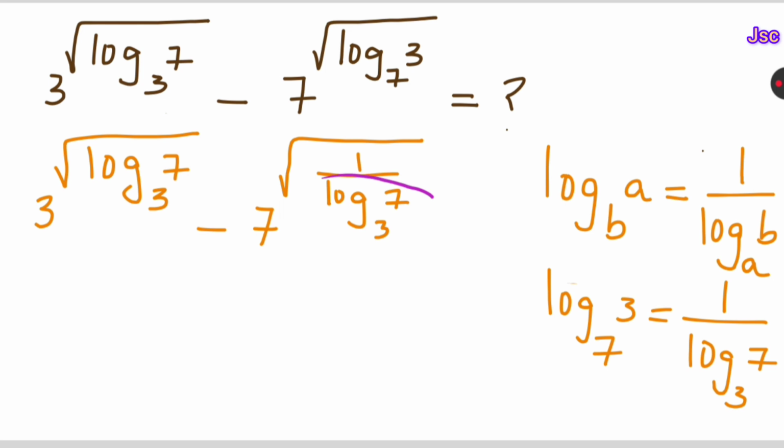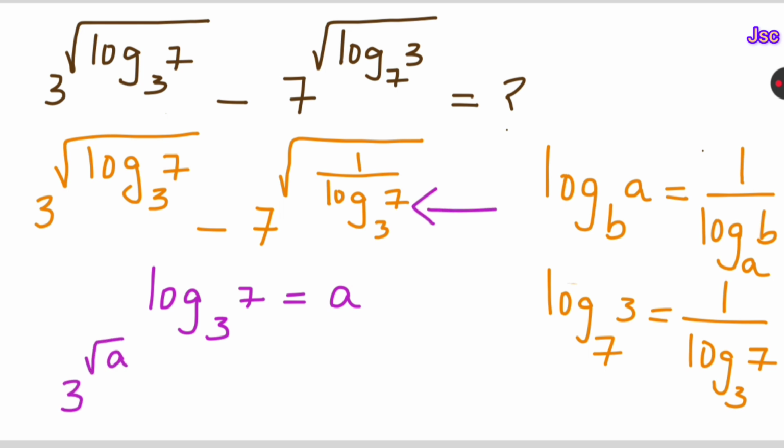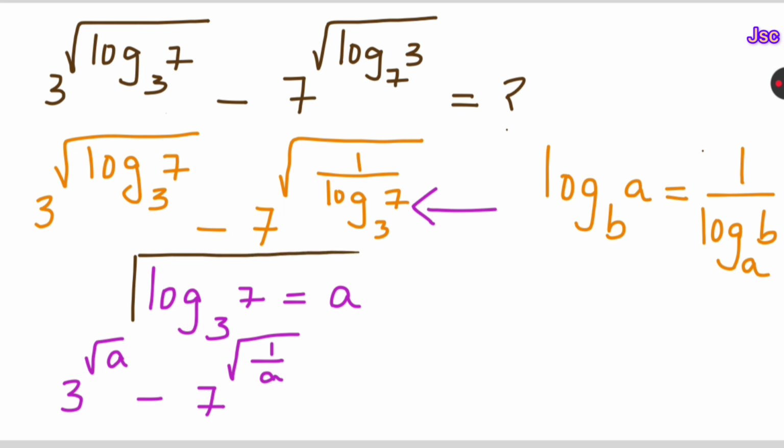Now here we have log 7 with base 3 and here we have log 7 with base 3. So let us assume log 7 with base 3 is some variable a. The expression turns into 3 raised to the power of the square root of a, minus 7 raised to the power of the square root of 1 over a.